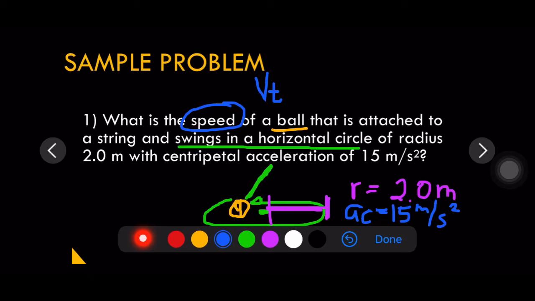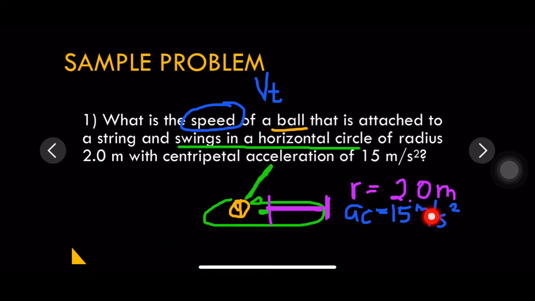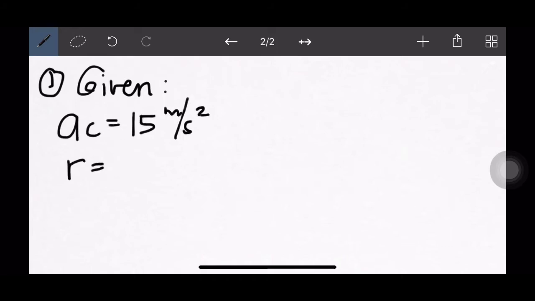Let's solve. Let's list first all the givens. We have AC, which is 15 meters per second squared, and the radius of 2.0 meters. We have to check if all the magnitudes have the standard unit, and yes, they do.